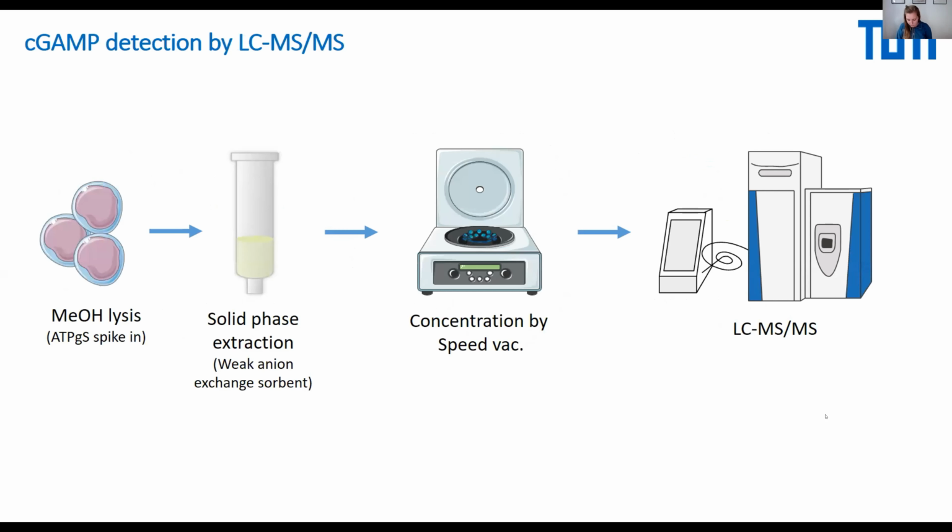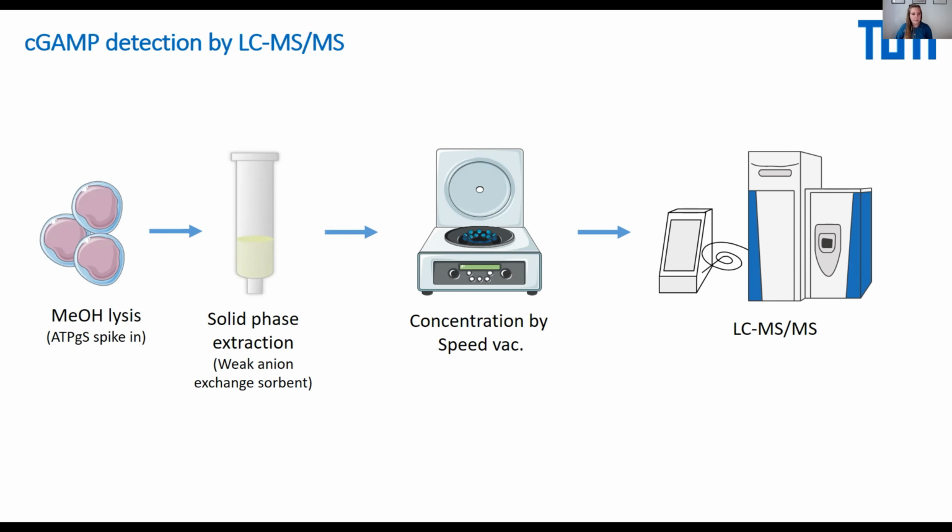So where we came in the last stages of this project was that we wanted to detect if these enzymes, the cGAS-like receptors in Drosophila, actually produce versions of the cyclic dinucleotide cGAMP.